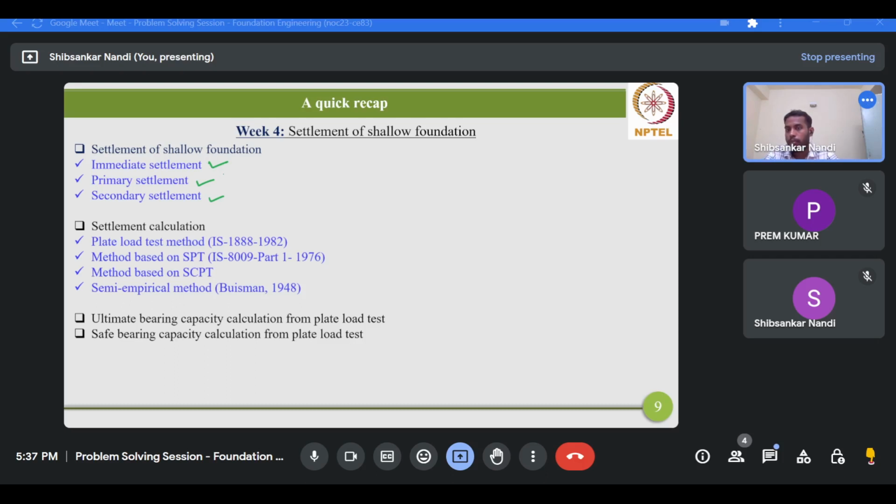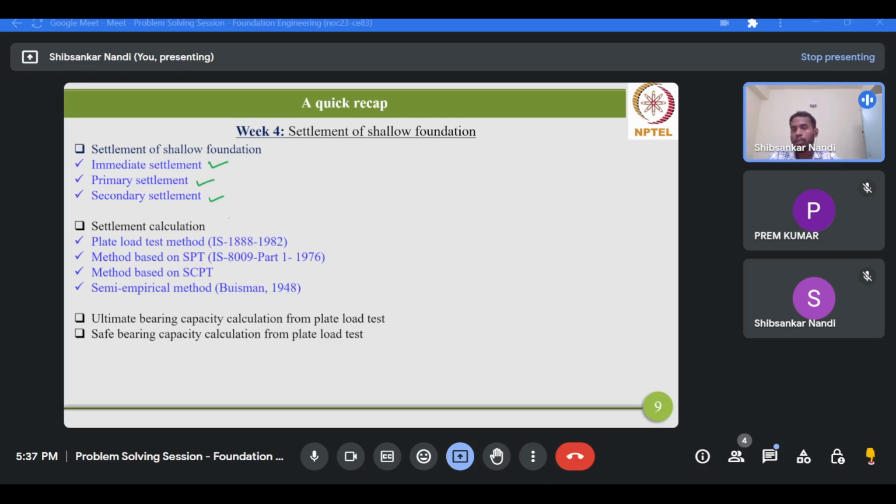Please go through those details: where immediate settlement will be valid, where primary, where secondary, where all 3 are valid, or a combination of immediate and primary, or primary and secondary. In this way. Now how can we calculate the settlement?